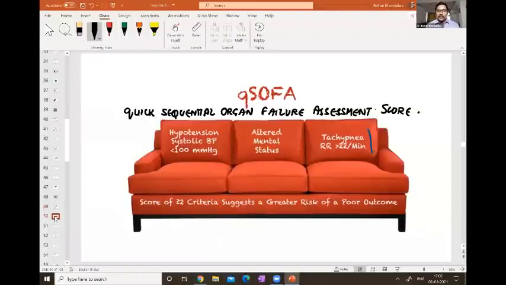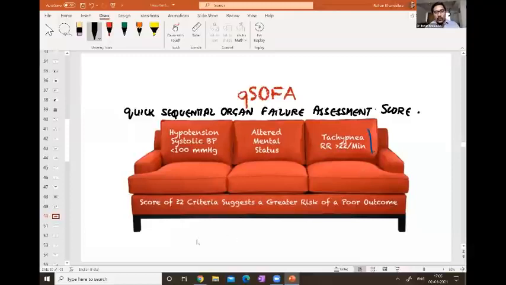Another very important question which was asked last year in the exam and in various other exams, this has been asked multiple times, is QSOFA. QSOFA is Quick Sequential Organ Failure Assessment Score, and this includes 3 parameters: hypotension less than 100, altered mental status, and tachypnea more than 22.